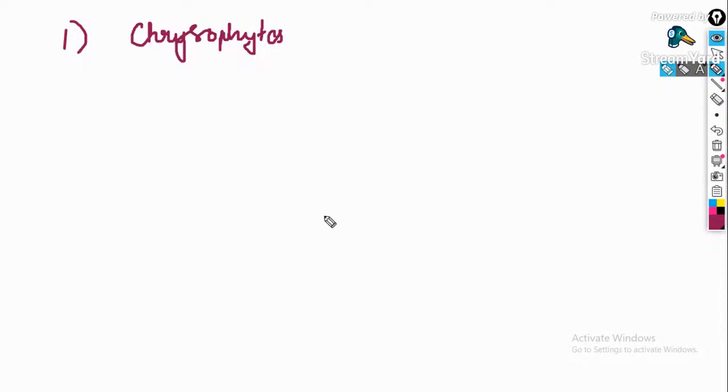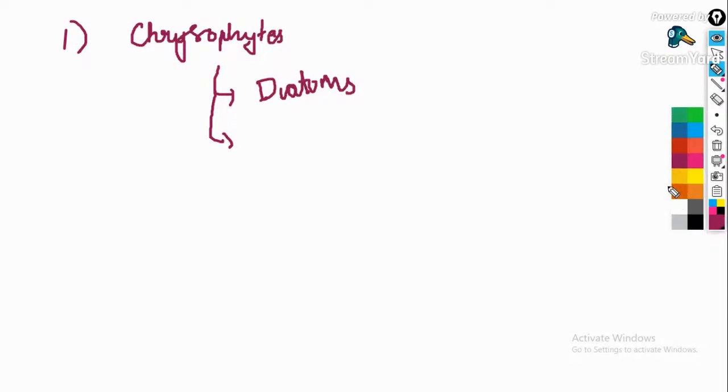And this chrysophyte consists of diatoms. I have taught you what this chrysophyte consists of; comment fast. Be active fast.